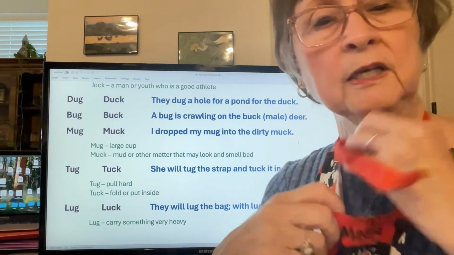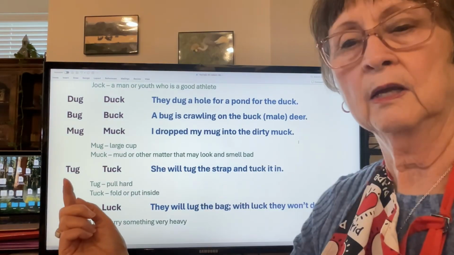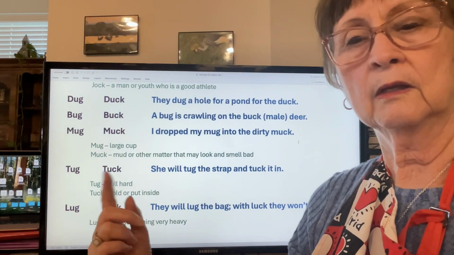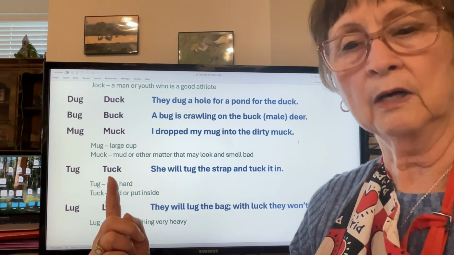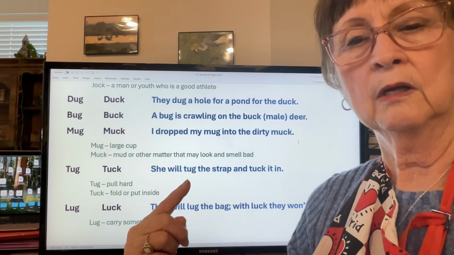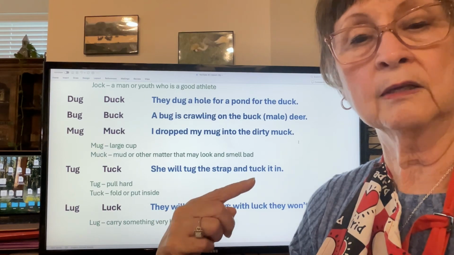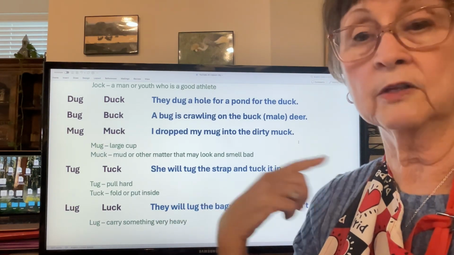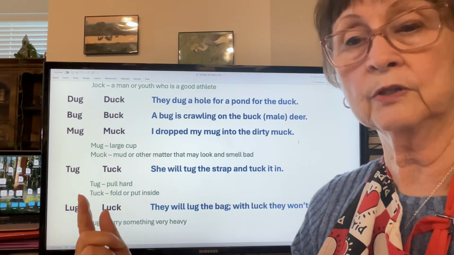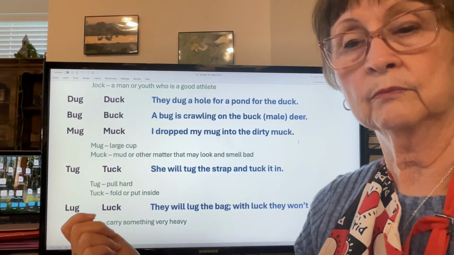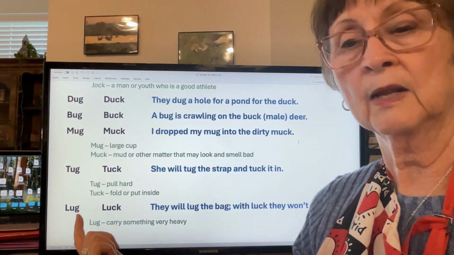And then I tuck it inside. Tug, tuck. She will tug the strap and tuck it in, which is what I just did. Tug is to pull, tuck is to put it inside or fold it over out of sight.